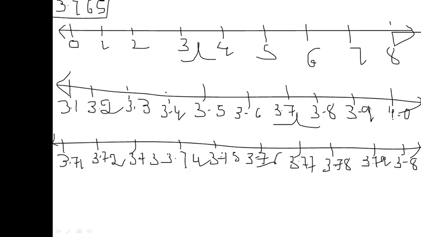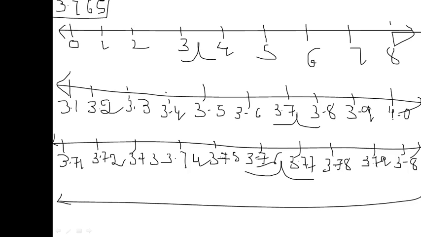If I have made any minor mistakes, please don't mind. 3.765 will come between 3.76 and 3.77. This is our last step of this question.